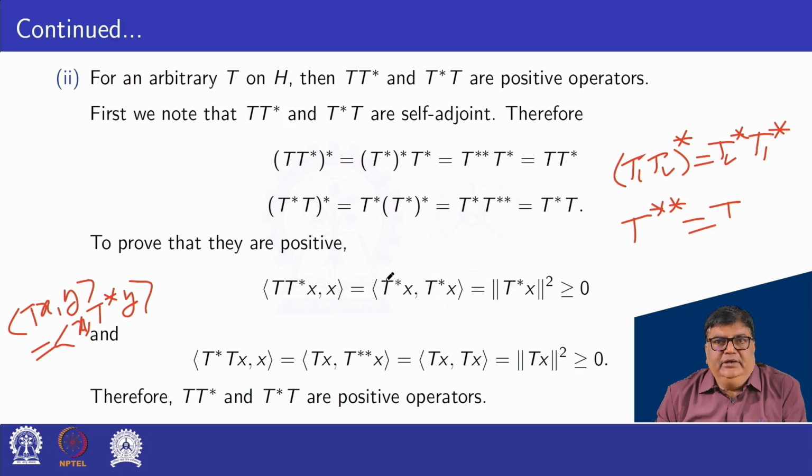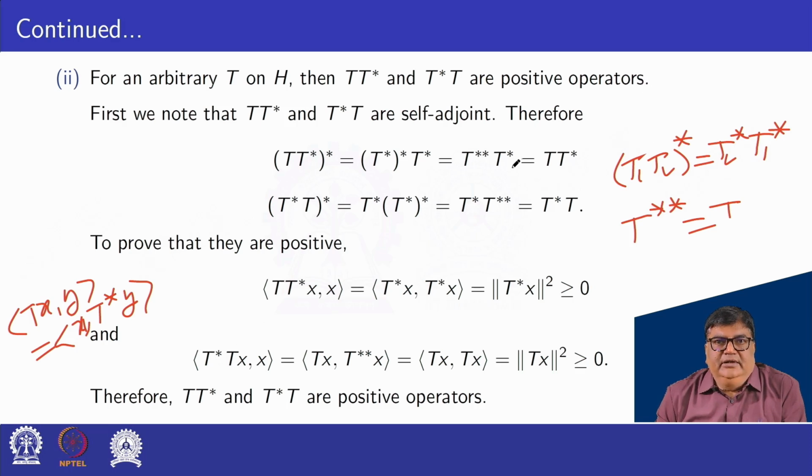We know that the inner product of x and x is equal to norm x square. So this is norm of T star x square. Norm is always non-negative, so this is greater or equal to 0. So this proves that TT star is a positive operator.